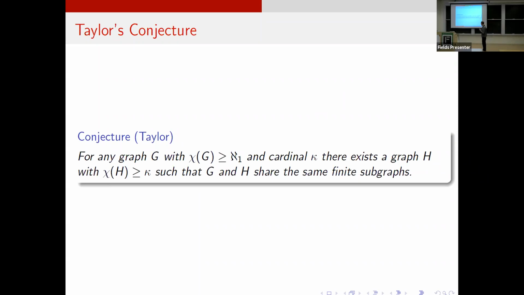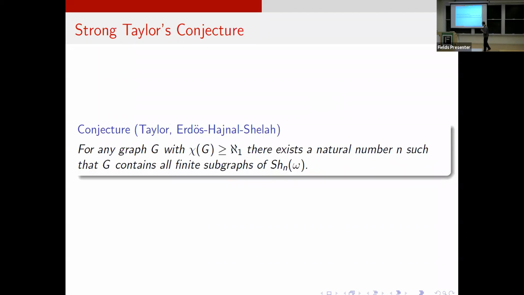Not long after, Taylor and independently Erdős, Hajnal, and Shelah asked the following conjecture, which is somehow similar. Say you have a graph G which has uncountable chromatic number. Can you find a natural number n so that G contains all finite subgraphs of the shift graph that we had before?